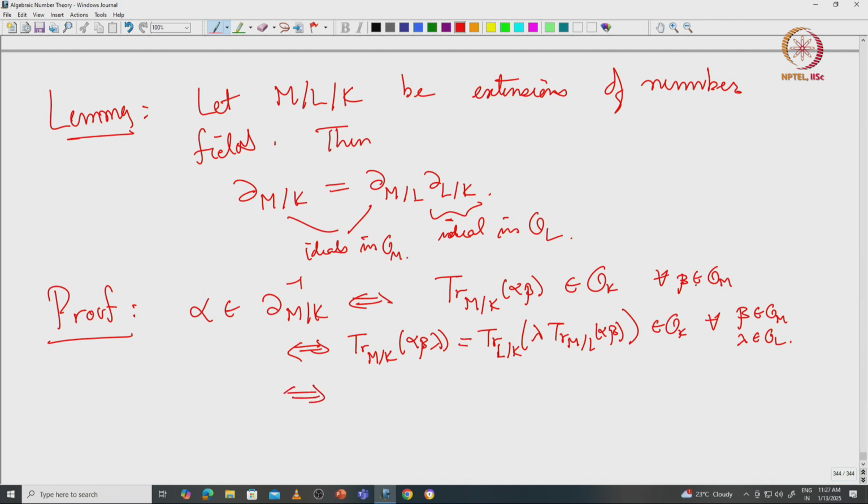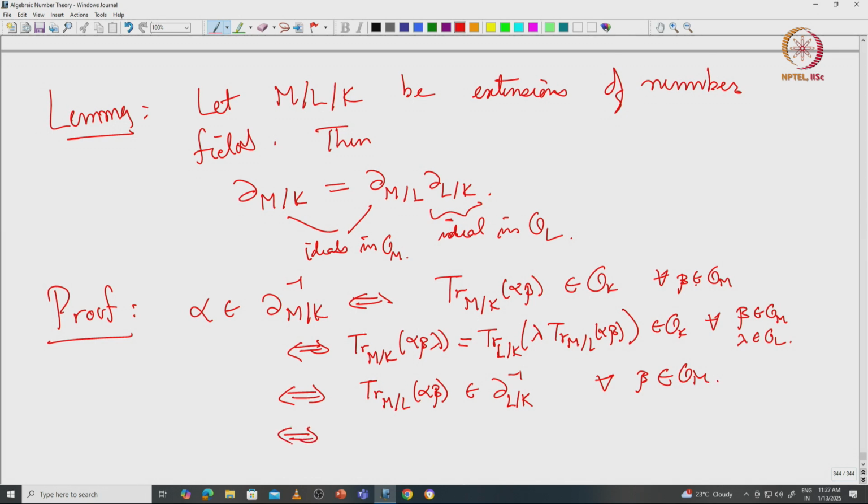So, this is the same as saying that the trace from M to L of alpha beta is in the inverse different of L over K. Now, I have a condition on all lambda, which means that the trace from M to L of alpha beta, the term that appears on the right hand side, is in the inverse different of L over K for all beta in OM.